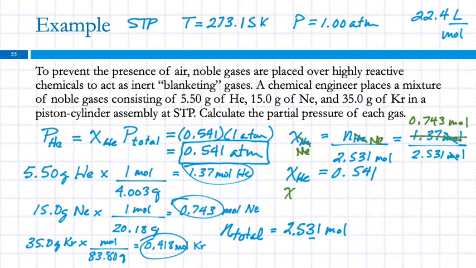So the mole fraction of neon is 0.743 divided by 2.531, 0.294. The partial pressure is the mole fraction times the total pressure. Here the total pressure is 1 atmosphere. And so the partial pressure of neon is 0.294 times 1, 0.294 atmospheres.